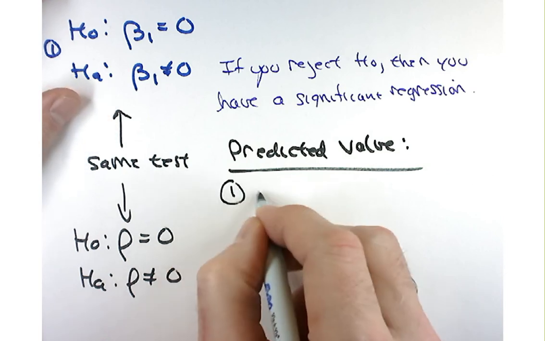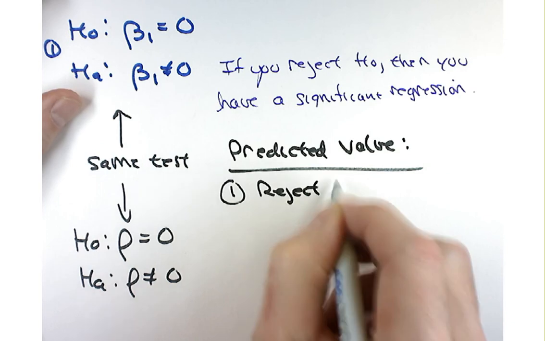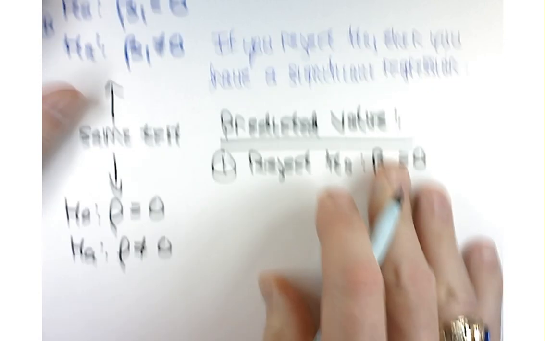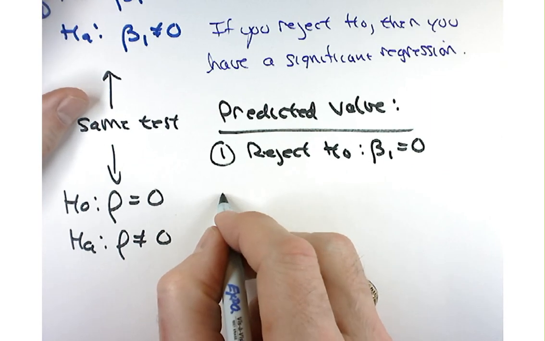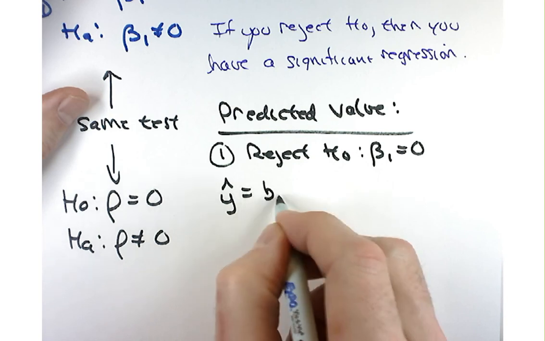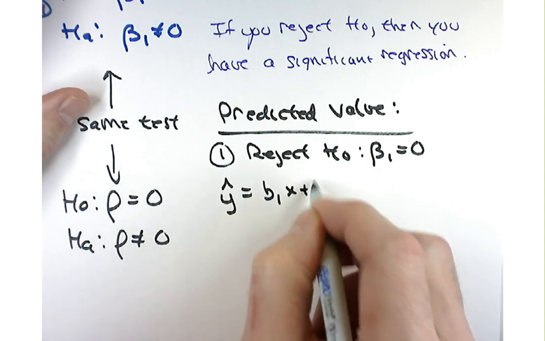Case one, if you reject h0, then you're going to use the model Y hat equals b1x plus b sub 0.